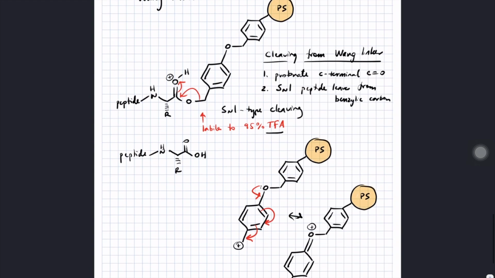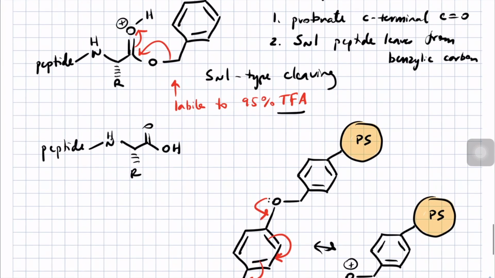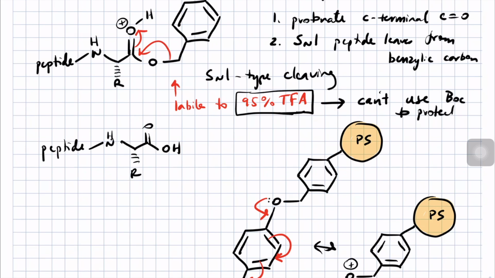The challenge is, now that you're going to use TFA to cleave your peptide from resin, if the attachment to resin is cleavable under acidic conditions, you can't use Boc to protect amino groups anymore.